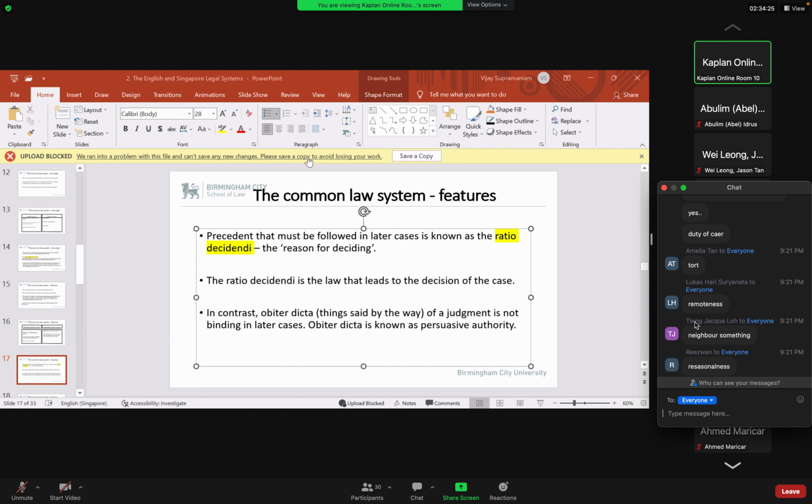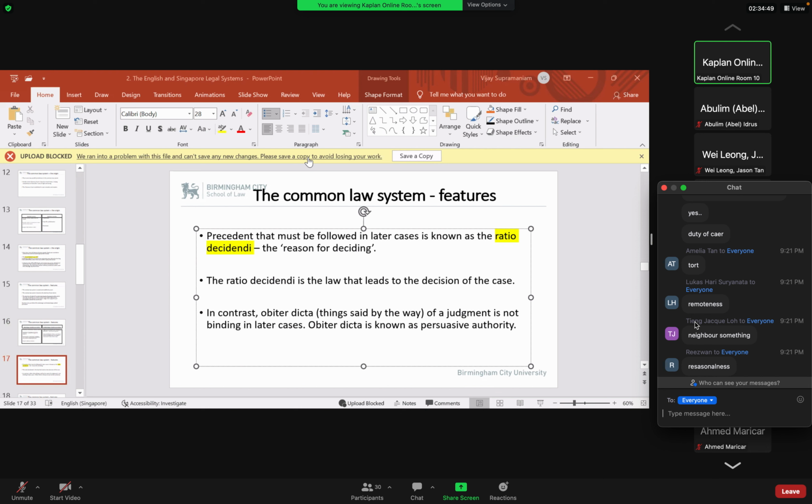Do you remember? It is through this neighborhood principle that the courts established that all manufacturers owe duty to consumers. Correct or not? All manufacturers owe duties to consumers. You must treat your consumers like your neighbor because these are the people who are affected by your action.